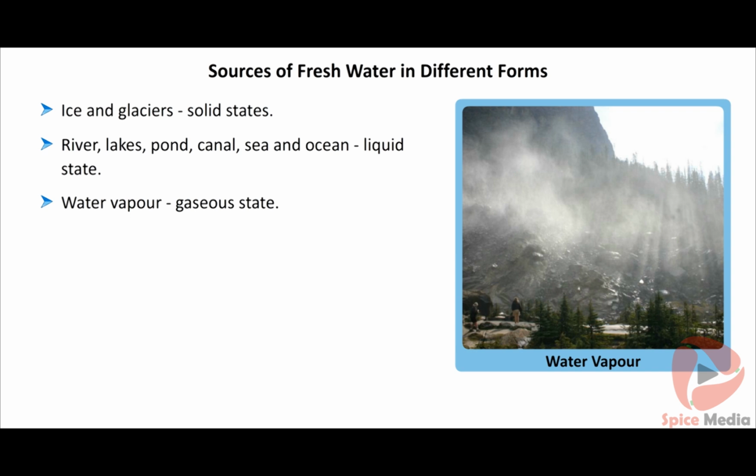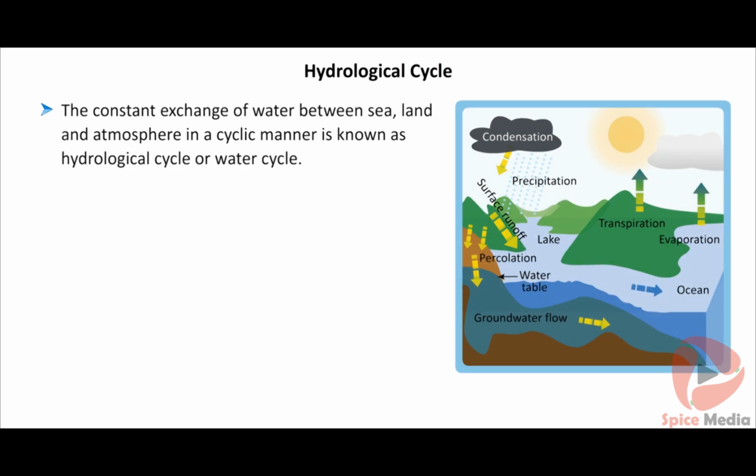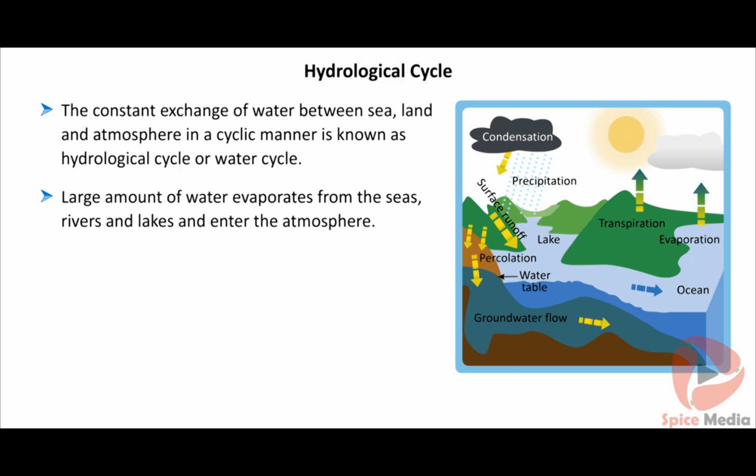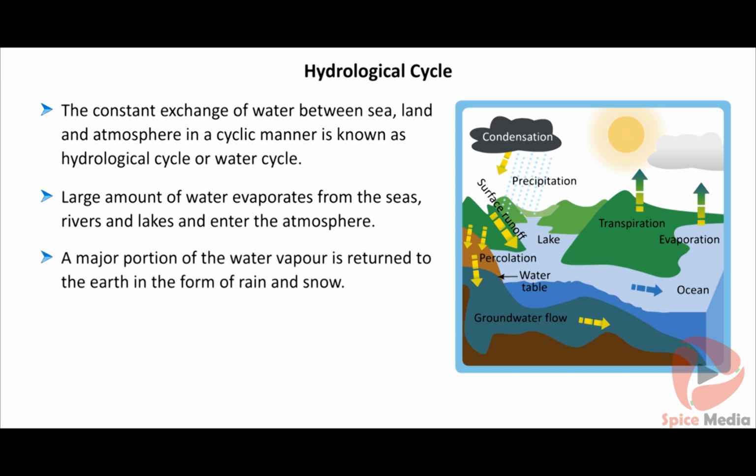But how do they do it? The constant exchange of water between sea, land, and atmosphere in a cyclic manner is known as hydrological cycle or water cycle. Large amount of water evaporates from the seas, rivers, and lakes. This water vapor enters the atmosphere. A major portion of the water vapor is returned to the earth in the form of rain and snow.